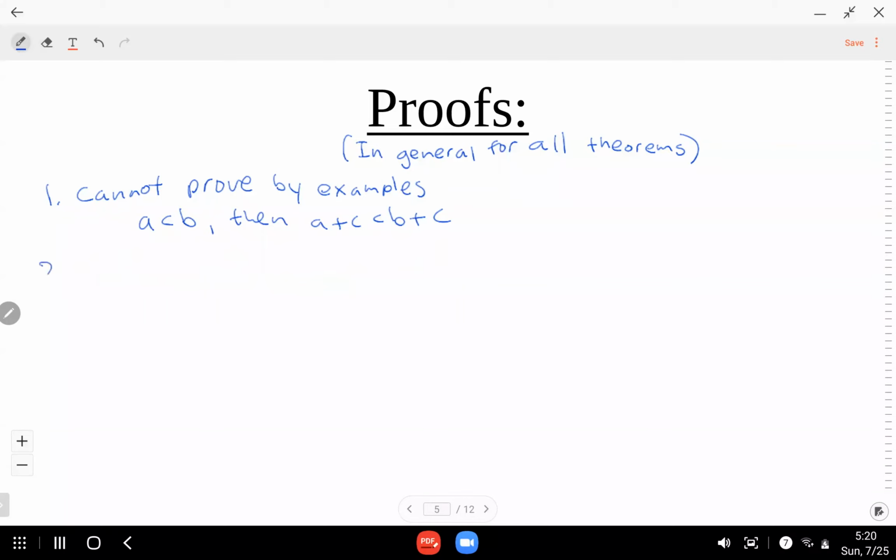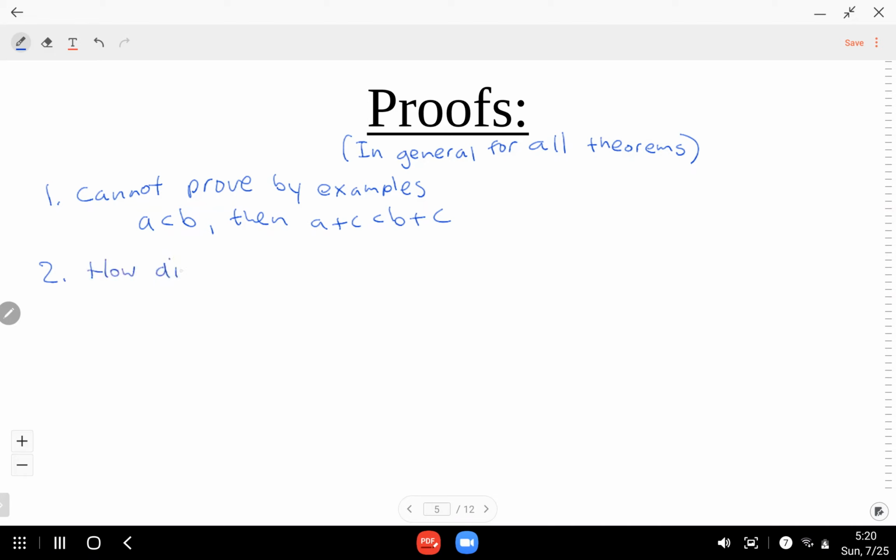Cannot do that. Number 2 is, how do we disprove a statement? We're learning about how to prove a statement, but how do we disprove a statement? Now, disproving a statement is actually super easy. It's easier than actually proving the statement.